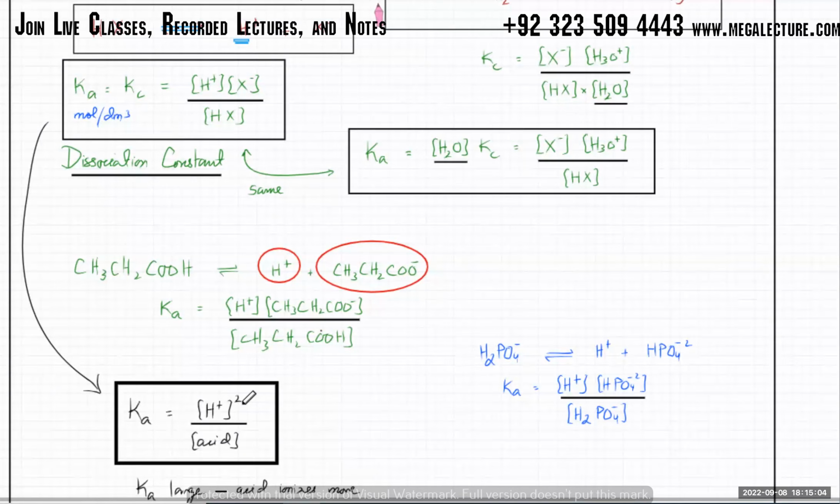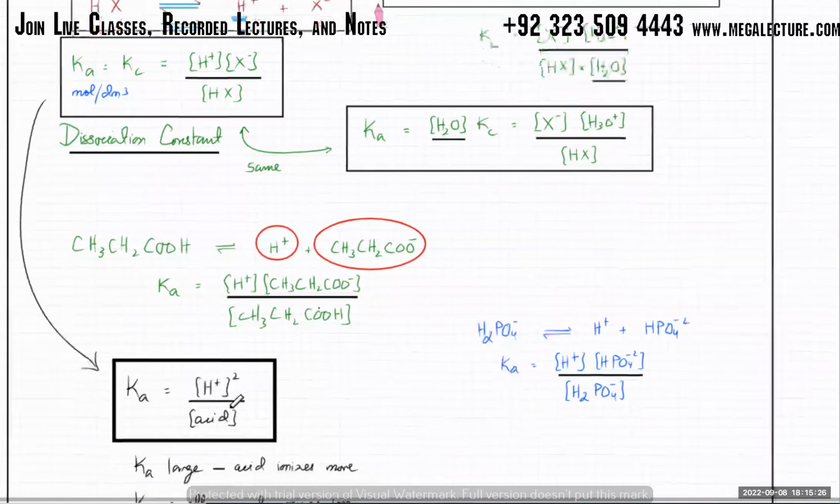Rizwani, is this clear to you? Sir? Yes. Sir, because of X-1 you squared the H plus? Yes, because both concentrations will be exactly the same. So why write X-1 when it has the same value as H+1? Instead, just call it H+1 squared, right?